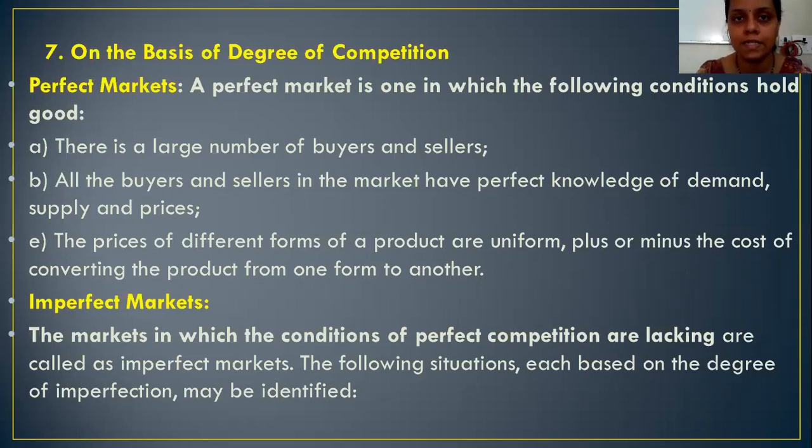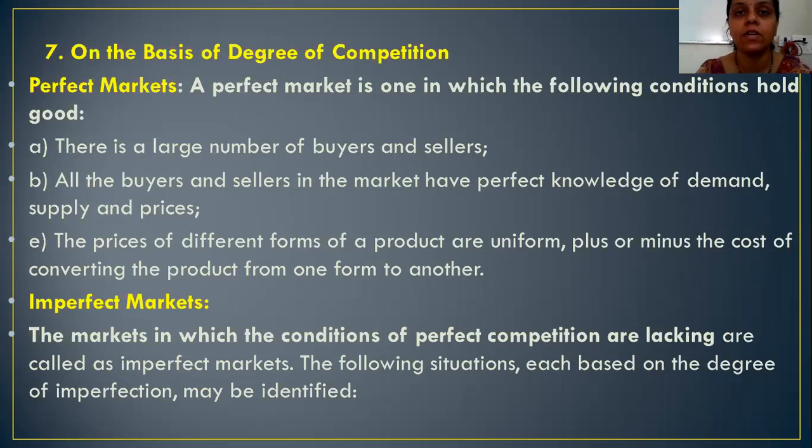Uniform means stable. Plus or minus may happen when the cost of converting the product from one form to another changes. So there may be chances of minus or plus at that particular point, so you have to maintain uniform prices. These conditions are required before you can call that particular market a perfect market.